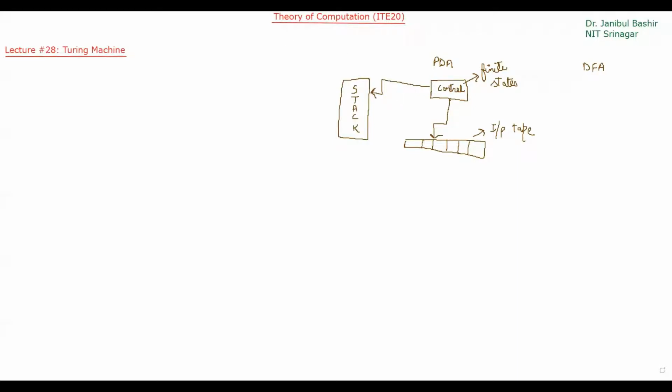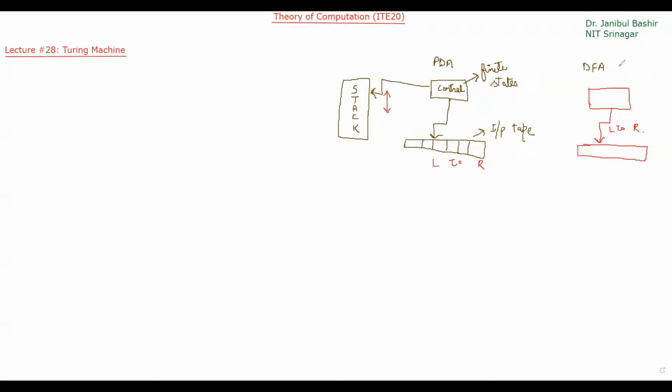Likewise, in a DFA we have a finite control, an input tape, and a head on the input tape. This head moves from left to right, while the stack head moves in both directions, sometimes down, sometimes up, based on the push and pop operations.